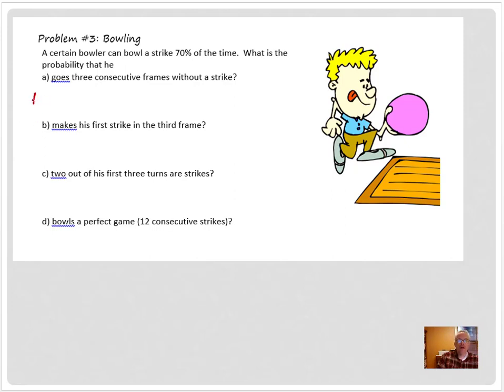Well, that'd be the probability that the first one's not a strike, and the second one's not a strike, and the third one is not a strike. So, if he gets a strike 70% of the time, the probability he doesn't get a strike is 0.3. And for this, I get 2.7%.